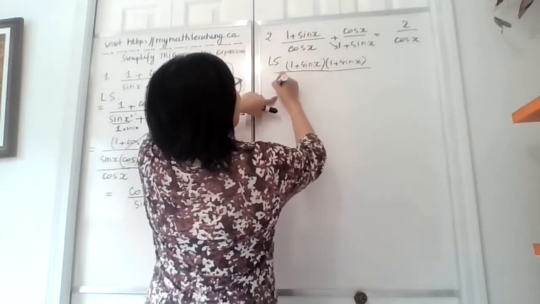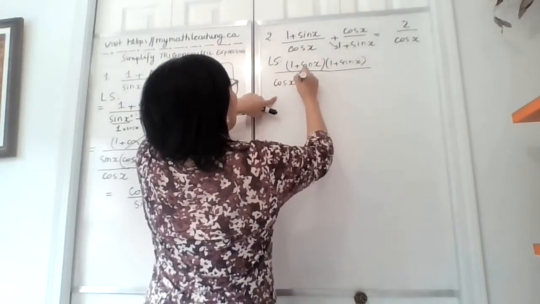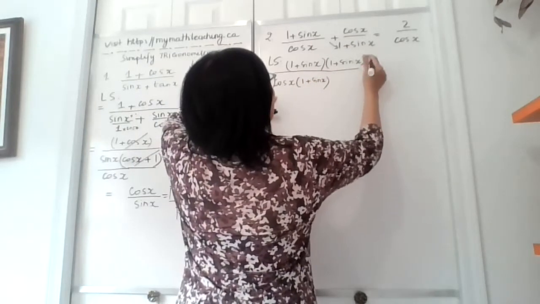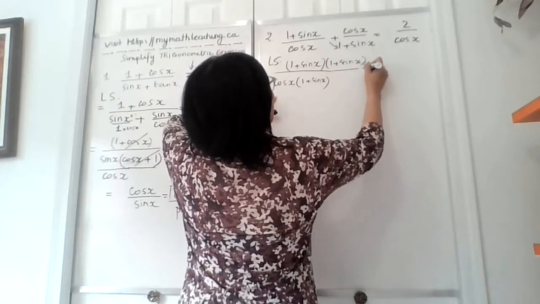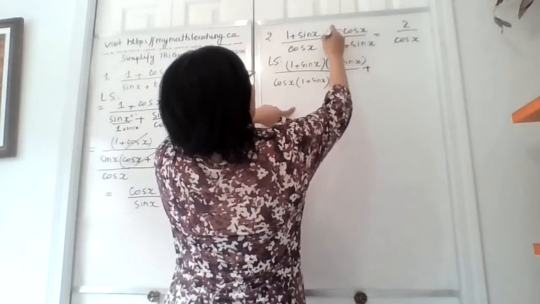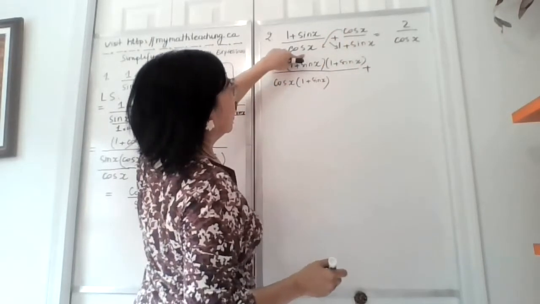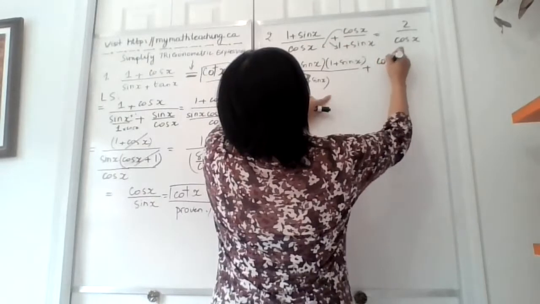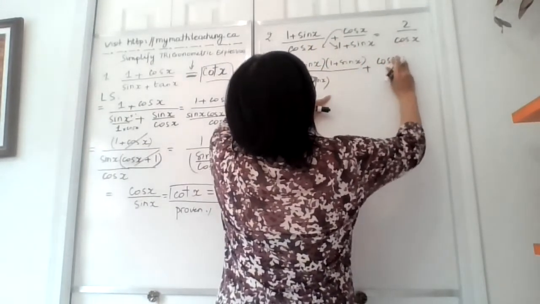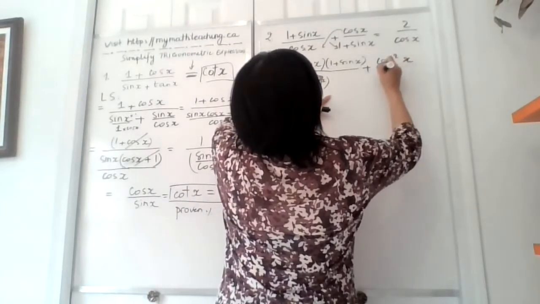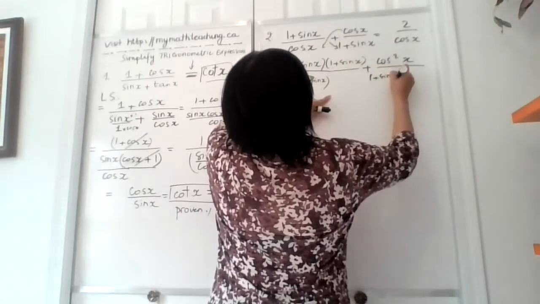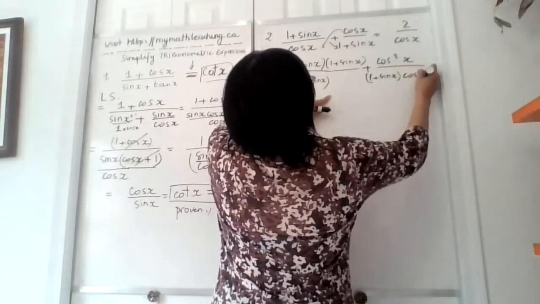Now down here, of course, will be the same. You have to times with 1 plus sine x. So that's the first fraction. Now, for the second fraction, I have to times with cos x, so that the bottom is the same. So cos x times cos x is cos square x. And down here, of course, is still 1 plus sine x times cos x.